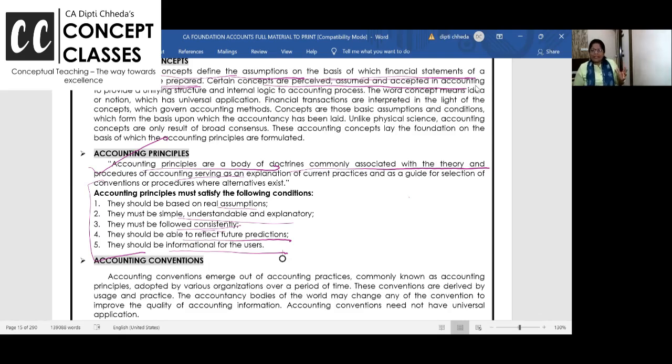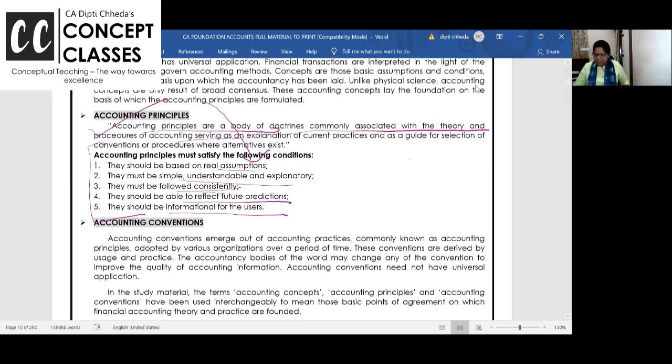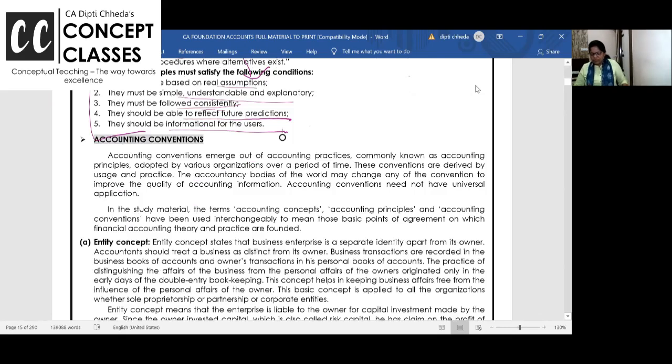But at base level, the concepts should be simple. Agreed that they are based on certain assumptions, but realistic. They should be understandable. They should be followed consistently, right? They should be able to reflect future predictions, and they should be informational. They should give information to the users.